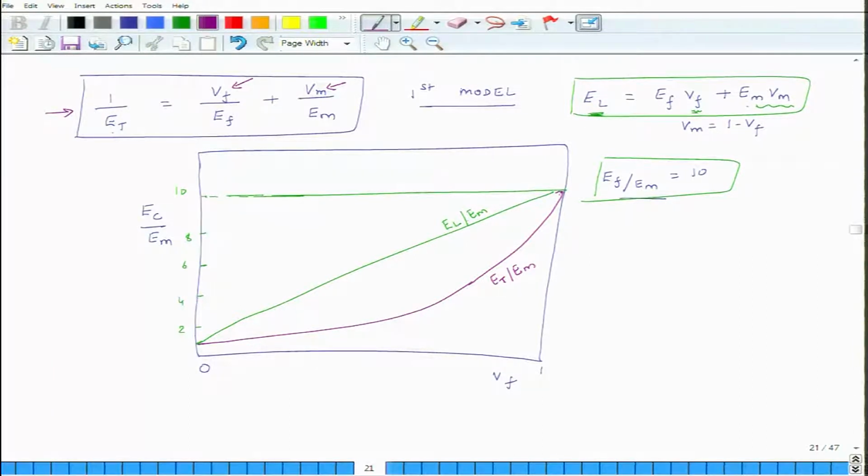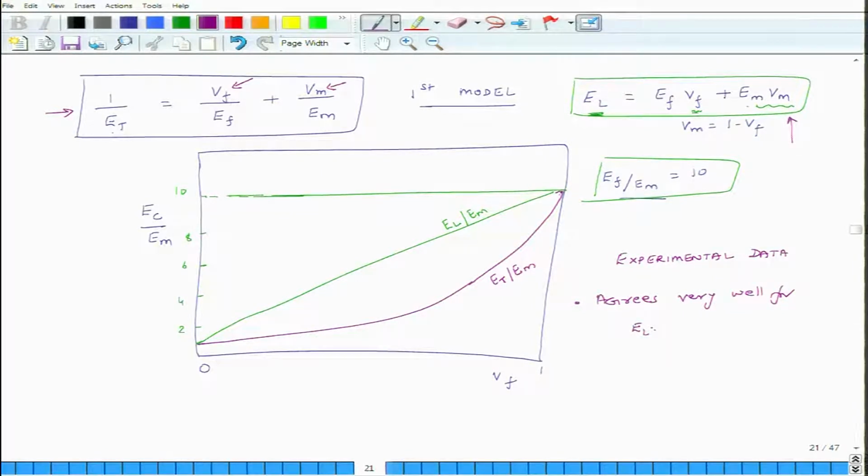Now these both lines are theoretical lines based on the models which we have developed. When we look at experimental data for E_L, what does experiment tell? It agrees very well for E_L.